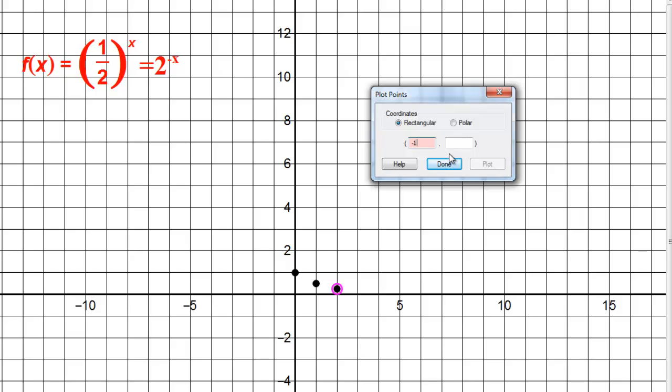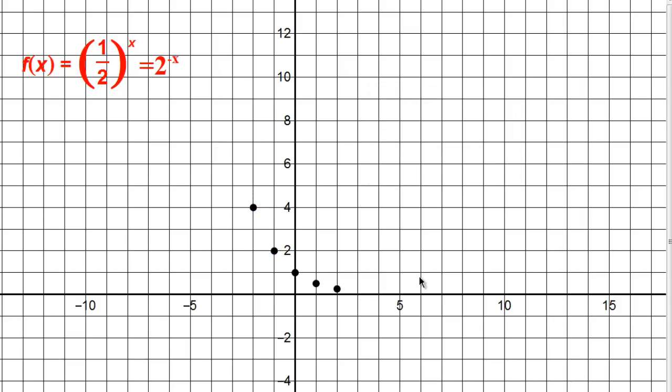All right, what about negative 1? 1/2 to power negative 1 will be the reciprocal of 1/2, or 2. 1/2 to power negative 2 would be 2 to the power 2, or 4. All right, so if we connect, you can see it's a similar shape to 2 to the power x, but it's what? Reflected across the y-axis.